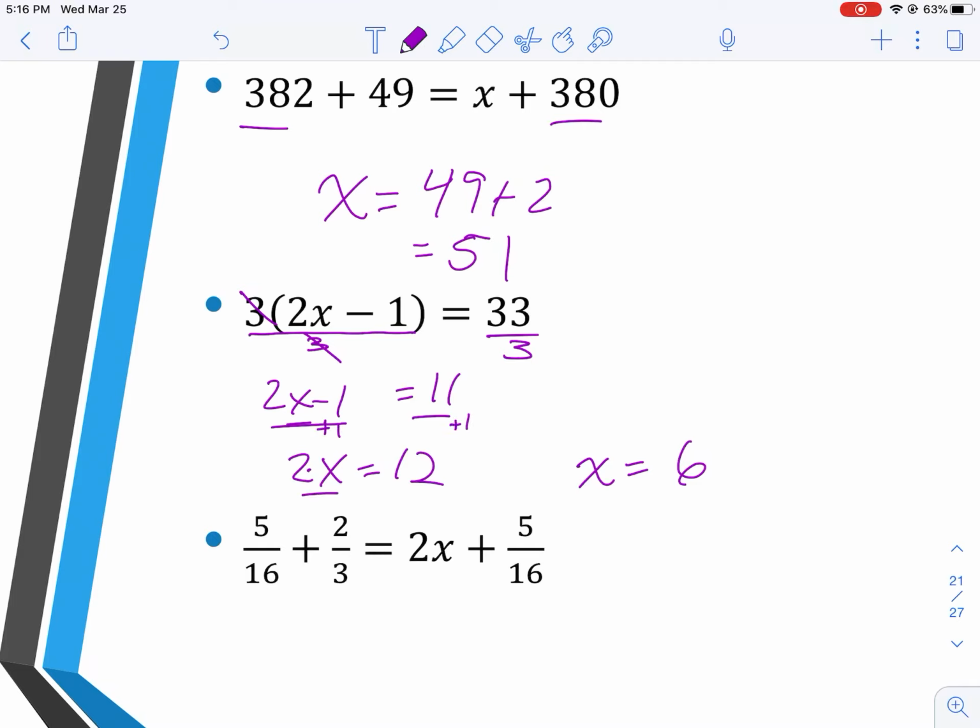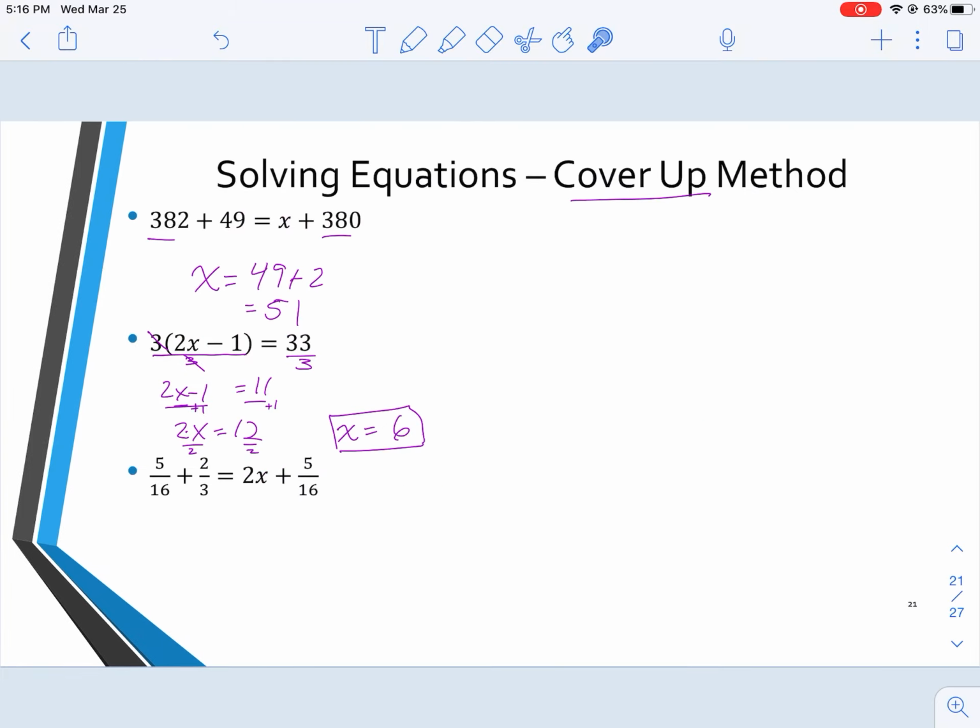And then adding 1 to both sides is going to give you this, and dividing by 2 is going to give you this. So we've gone using a cover-up method that is relational, builds on what students know, and it goes right into the algebra method. I think that's fantastic.